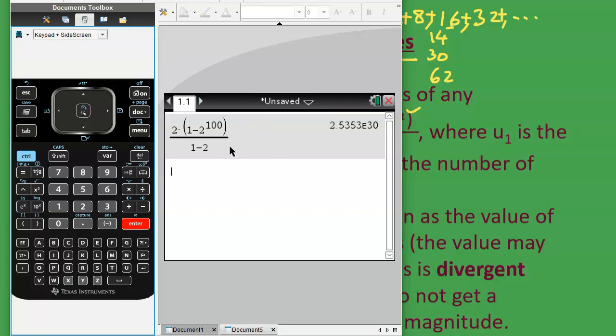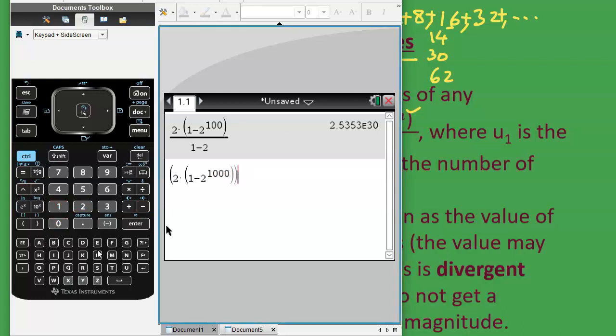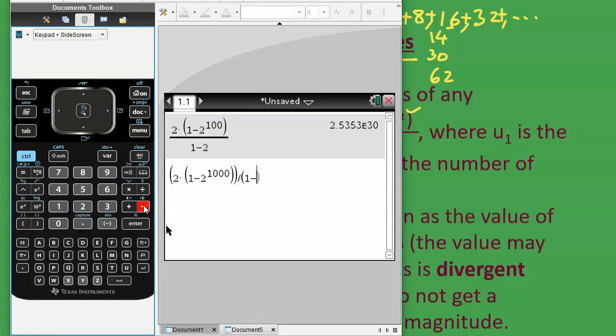So next, let us take the first 1000 terms and let us see how the sum total is changing. So 2 times 1 minus 2 to the power of 1000 this time, and divided by 1 minus 2.